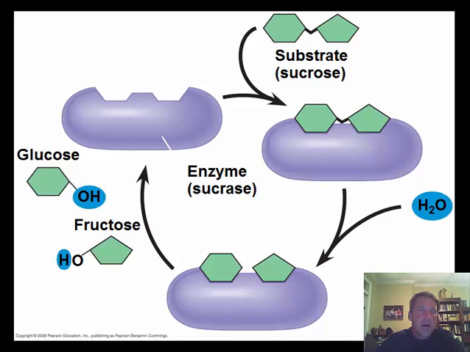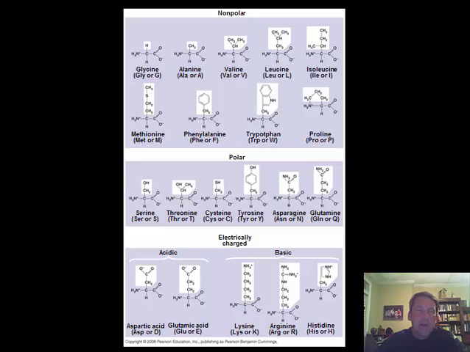So again, the proteins are made up of repeating subunits of amino acids. Here is a list of those amino acids. So there's 20 of them. There's 20 amino acids, and so there's different sequences of these amino acids in the different proteins.